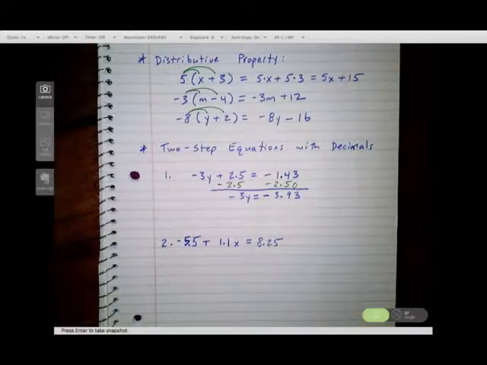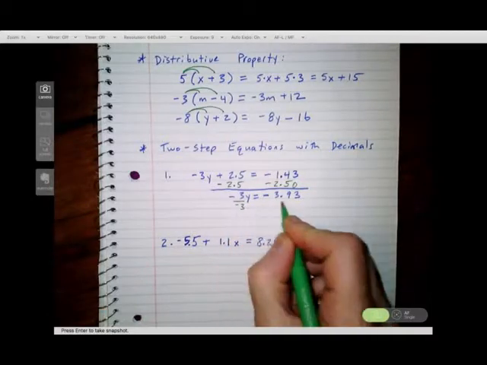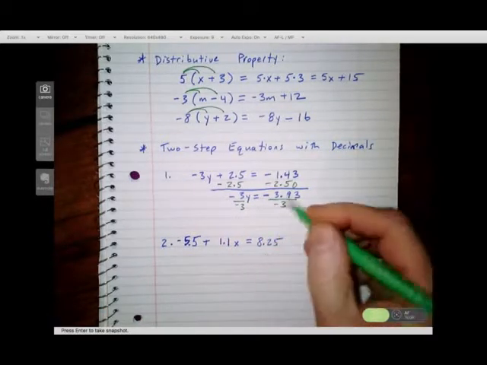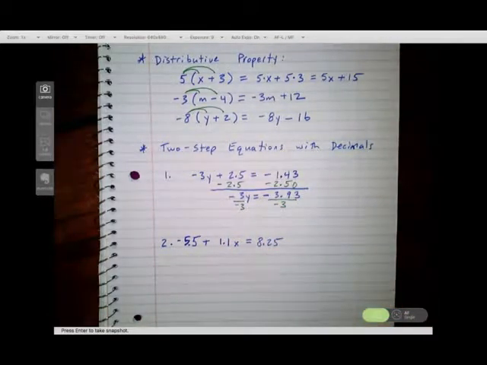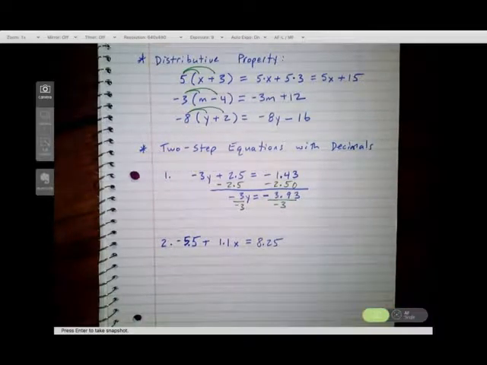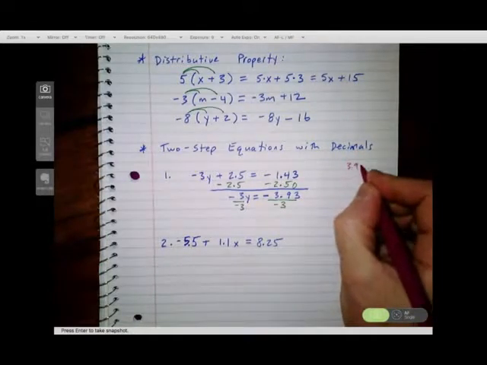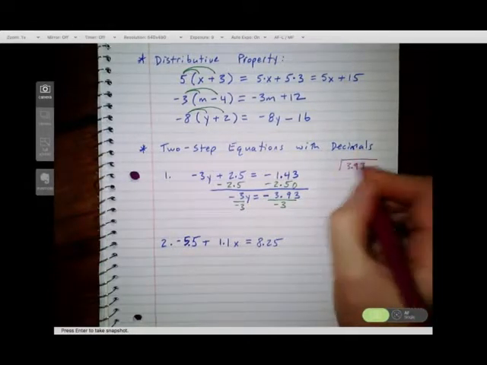So to get y by itself, I'm going to now divide both sides by negative 3. And that's kind of nice because a negative divided by a negative is a positive. Now we've got to work that out. I might have to do a little long division here, so let me do that on the side. So I've got 3.93 divided by 3.